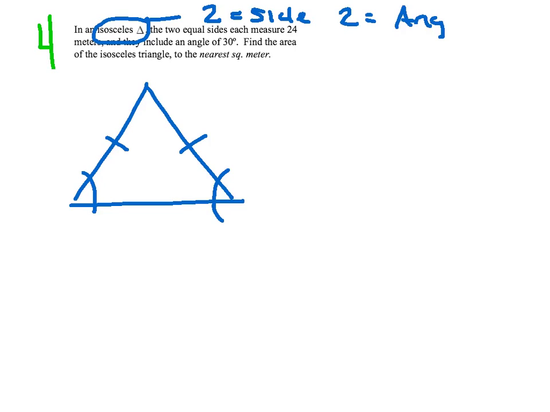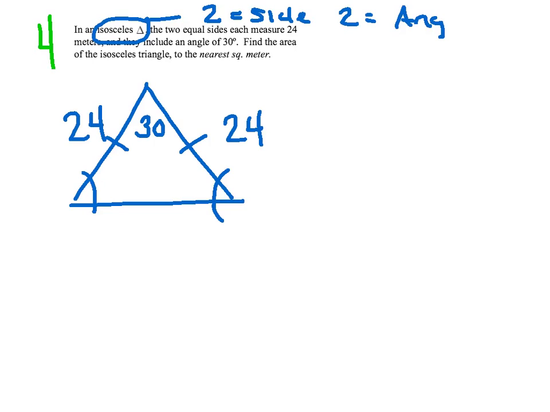And the 2 equal sides measure 24, and they have an included angle of 30. So think about what that means. What angle is included between the 2 sides? Is this angle sitting included between the 2? I would say no. Neither would this one be. This angle up here is included right between the 2. And that's what that means.